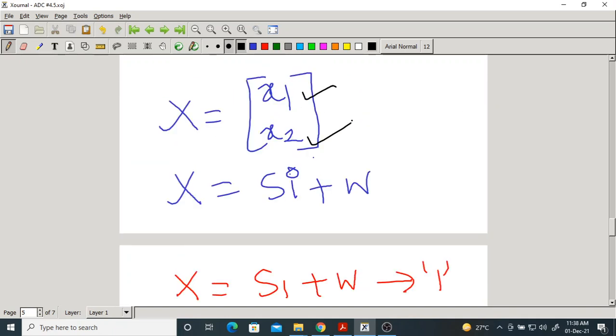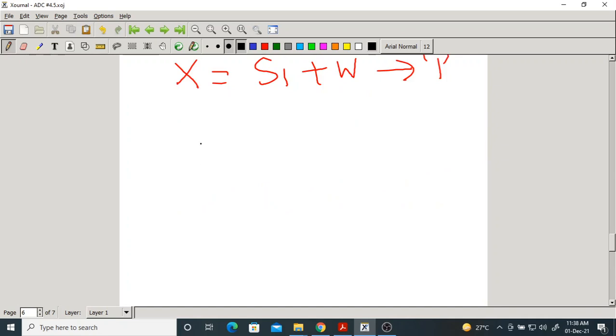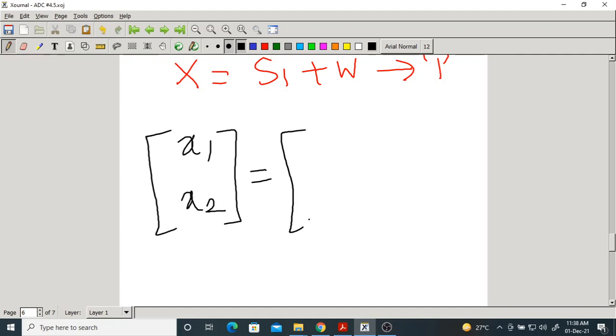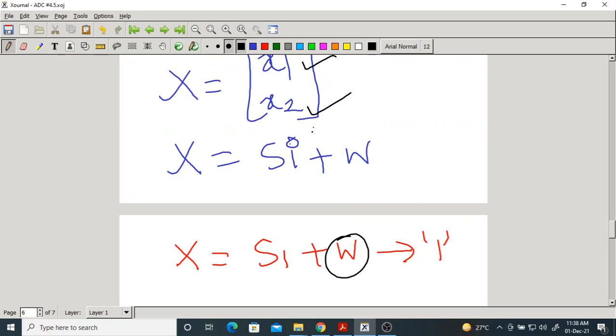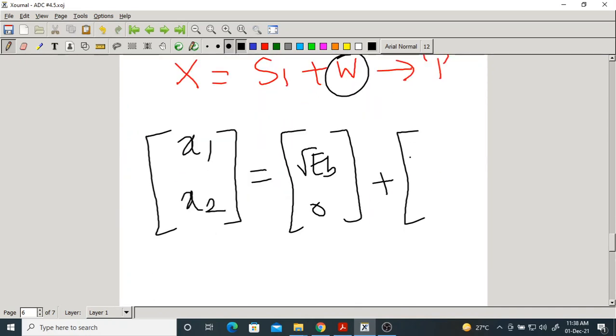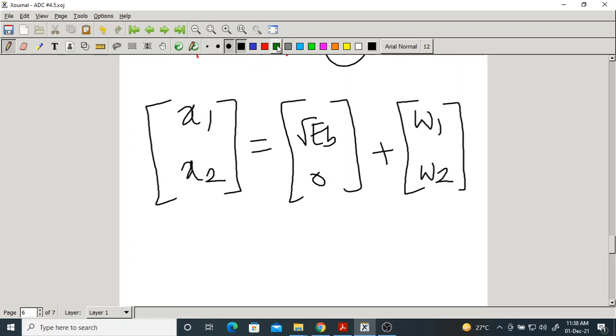X1, X2. They should be equal to the elements of vector S1, root EB, 0, plus the elements of vector W. Go back and check in the last class: we call them W1, W2. Everything here is for bit 1.